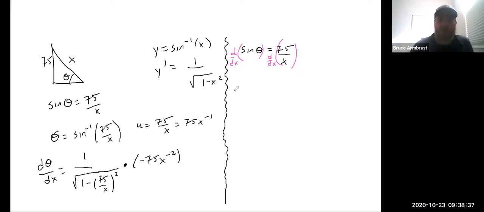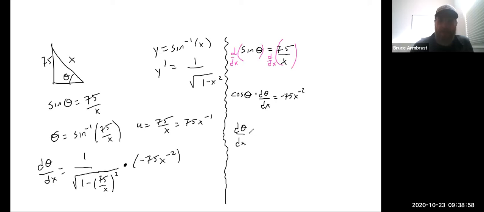So the derivative of sine is going to be cosine of theta times d theta dx. Think of theta like your y, so you have cosine theta times theta prime. On the other side, we're going to get minus 75 x to the minus 2.